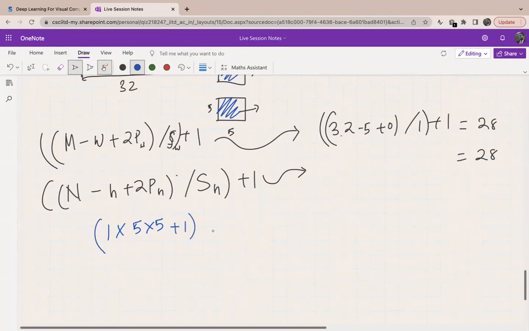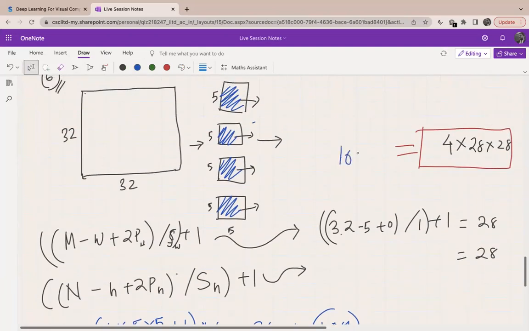So we add 1, then we have 4 such filters, so into 4. That is 5 cross 5, 25, plus 1 equals 26, into 4, 104. So 104 is the number of parameters that we have in the first layer.